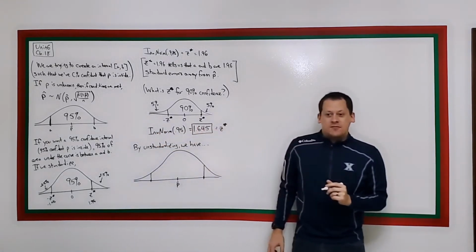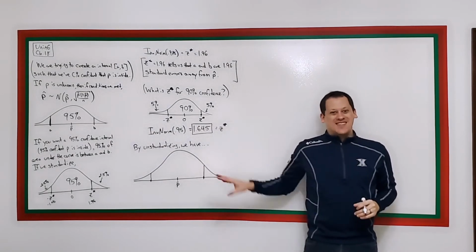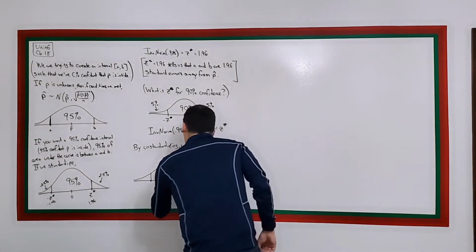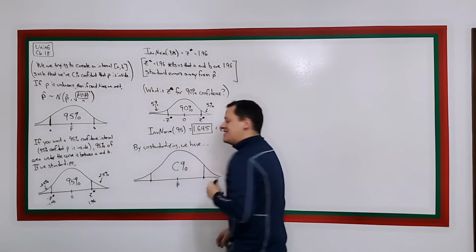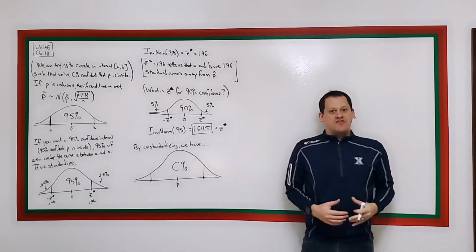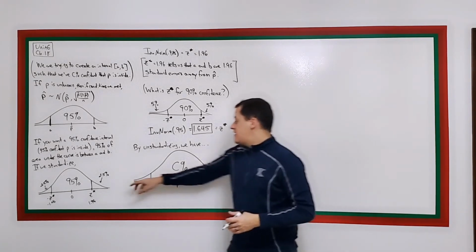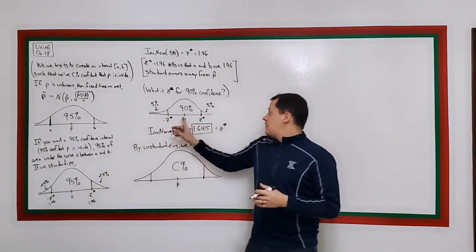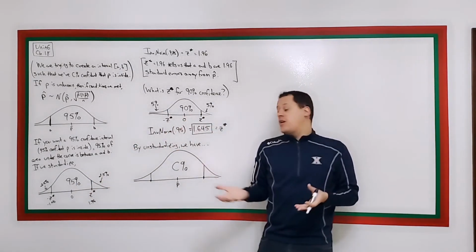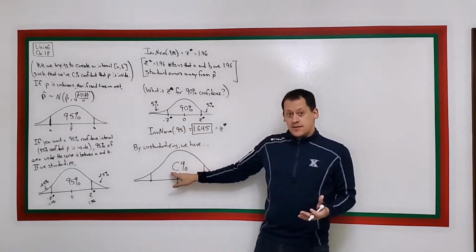I'm aware this is not perfectly symmetric. Just bear with me. This is not to scale. Okay. Say we want a C% confidence that p is inside the interval. Okay. This could be any number. We've dealt with it being 95, with it being 90. Okay. We could find z star no matter what this number is.